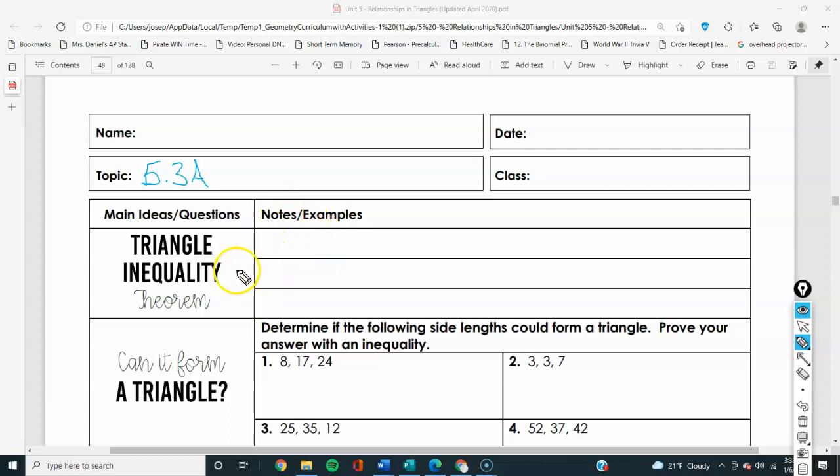Well, it states a triangle exists if the two smaller sides' sum is greater than the third side.